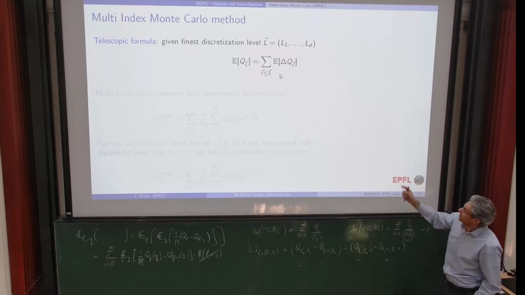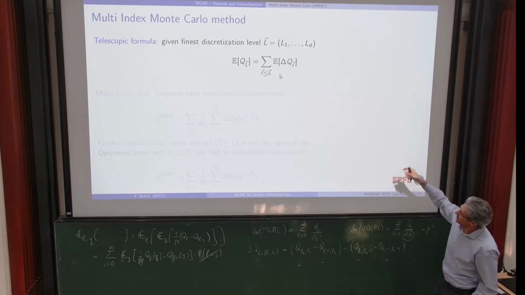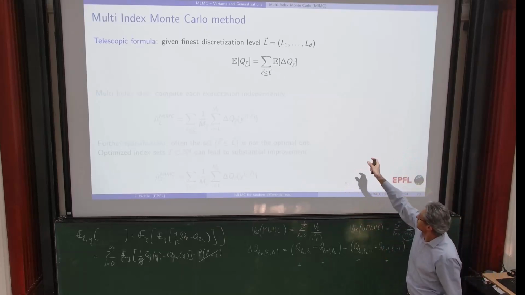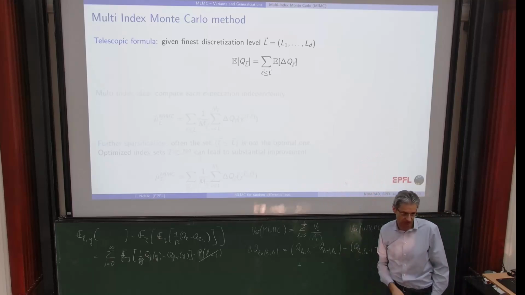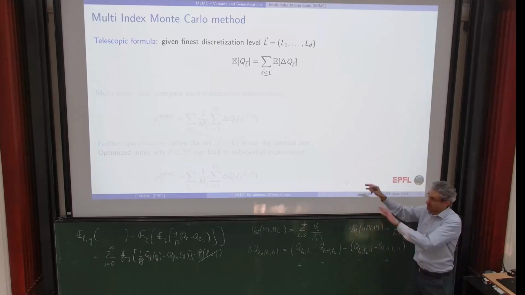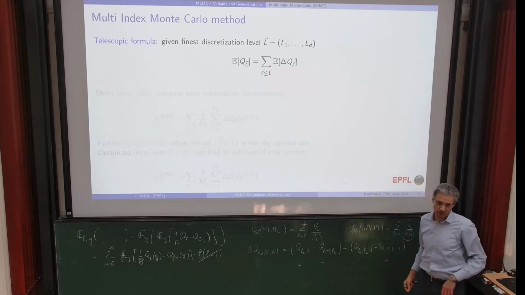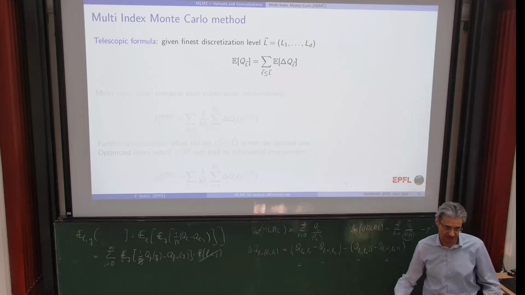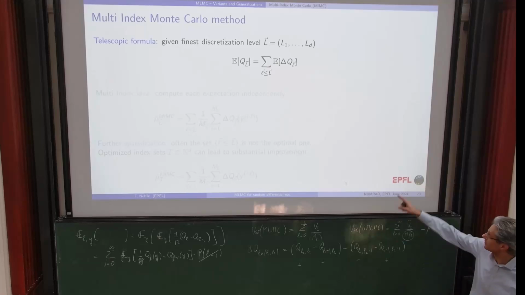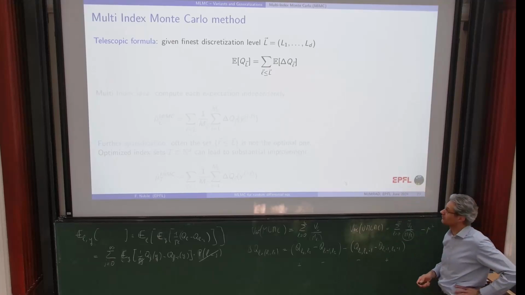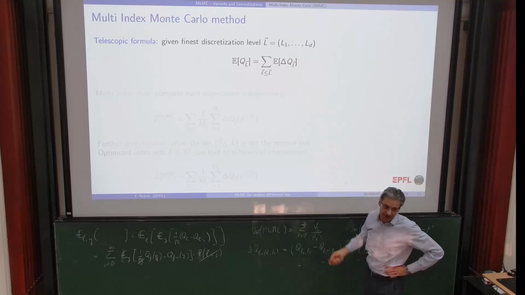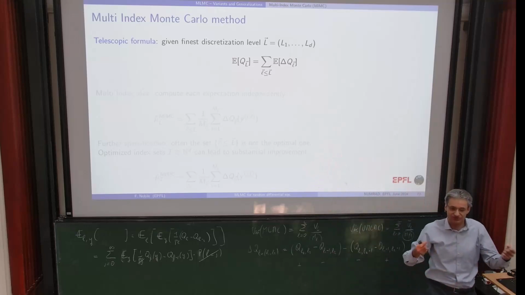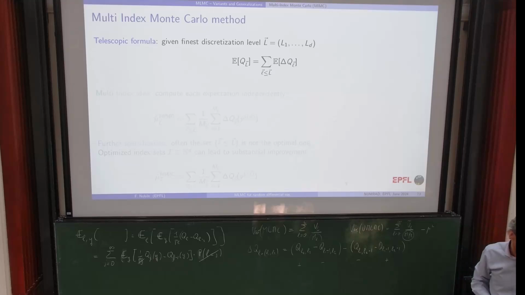You can show it just by recursion: this is a multiple sum over all the entries of l. If you sum the last entry first, that's a telescopic sum, so you only have the last term, then you go recursively and you get this identity. Okay, so now we have a generalization of the telescopic sum formula.